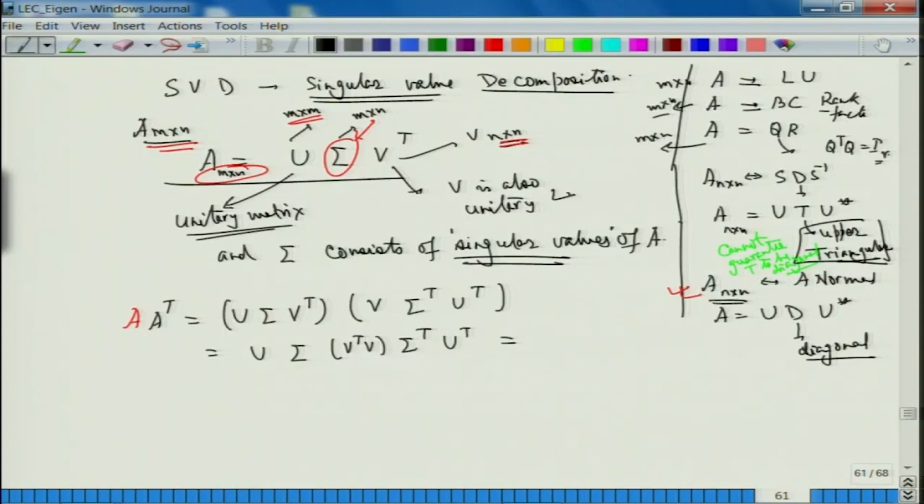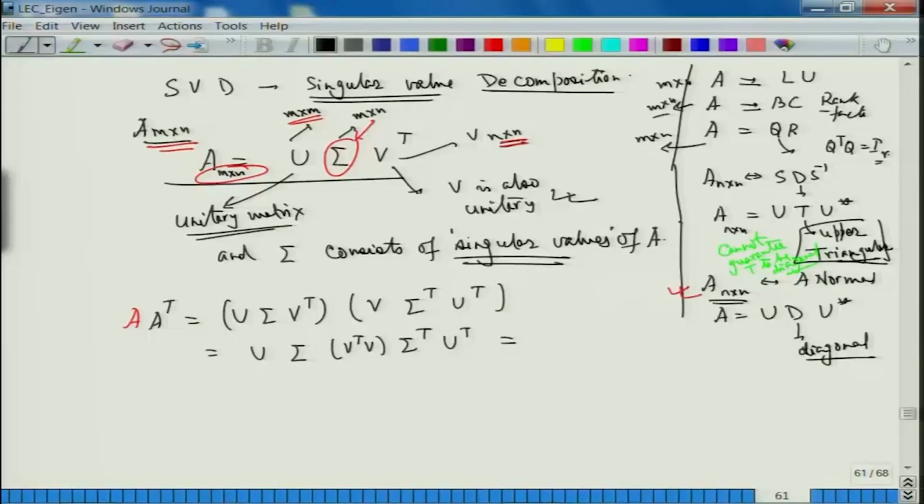Now, V is a unitary matrix, orthogonal matrix, whatever you want to say. Let us say it for the time being unitary, because we would like to then build up on those ideas, fine. But what we know is that over complex numbers, everything is nice. We have eigenvalues, eigenvectors, and therefore, everything is nice. So, V is unitary for us. So, if I look at this here for the time being, I get U sigma sigma transpose U transpose. All right.